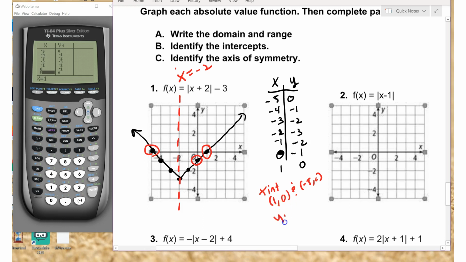And then my y-intercept is 0, negative 1. Domain: all reals. The range: y is greater than or equal to, and then you have to tell me what the lowest y value is. In this case it's negative 3. So y is greater than or equal to negative 3.